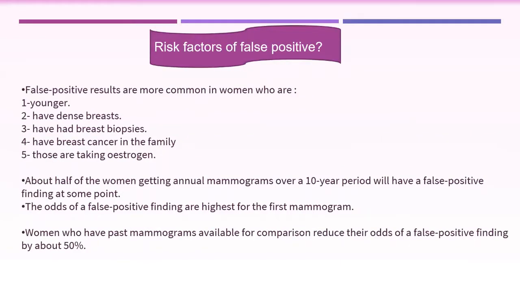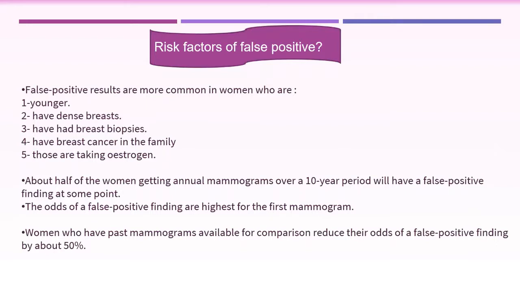There are factors affecting the false positive results, like younger patients, those who have dense breasts or previous breast biopsies, family history, or taking estrogens. About half of women getting annual mammograms over a 10 year period will have a false positive finding at some point.